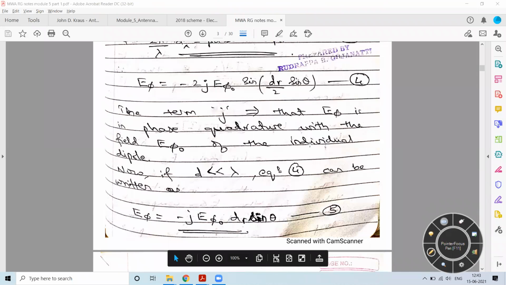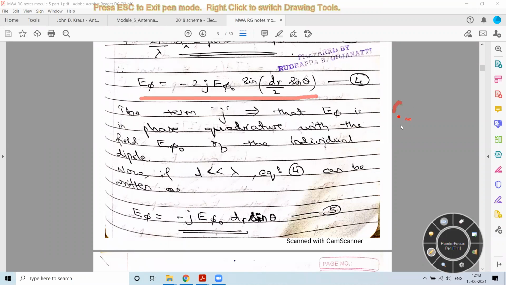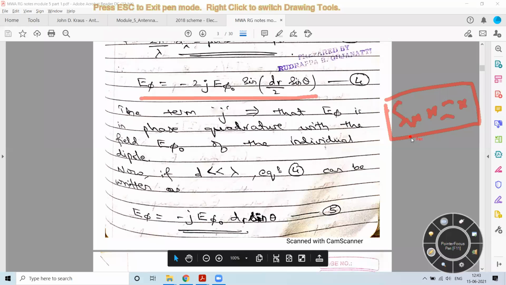So because of that, we simplify this equation using the concept that sine x is nearly equal to x when x is very small. We apply that concept over here and simplify.